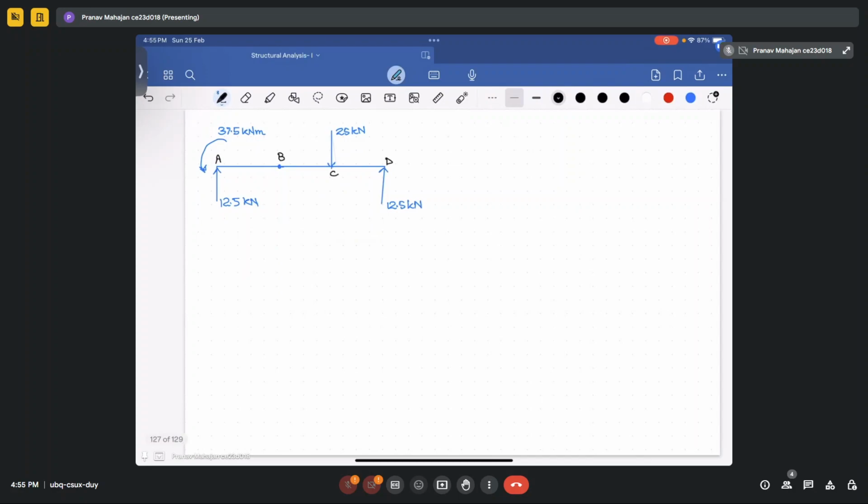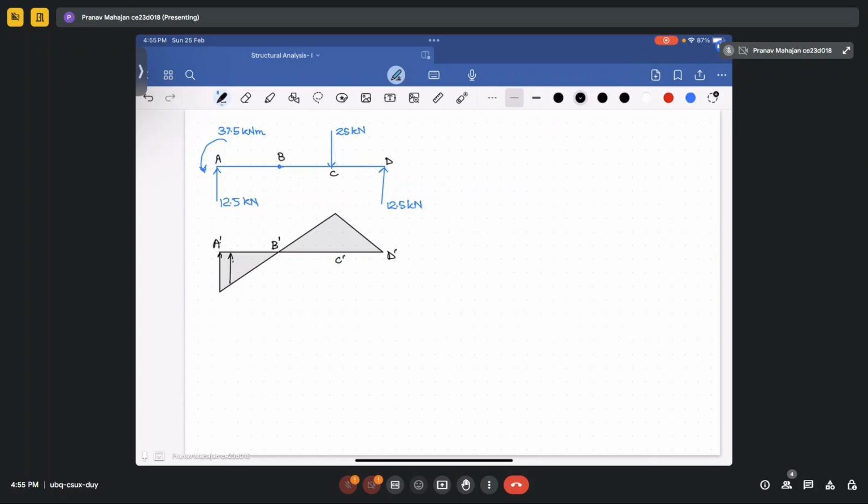Draw the bending moment profile, or directly draw the M by EI profile. So here it will be linear up to point B, and then it will move like this. So mark the points as A dash, B dash, C dash, and D dash.